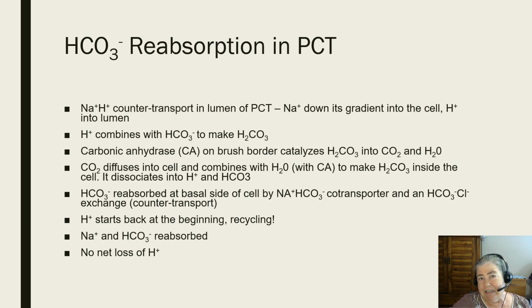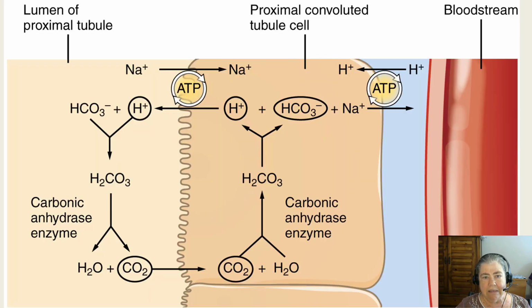The bicarb is reabsorbed and the hydrogen ion recycles. So there's no net loss, even though at the proximal convoluted tubule we are putting hydrogen ions into the lumen. We are simply recycling hydrogen ions. There's no net loss of hydrogen ions.